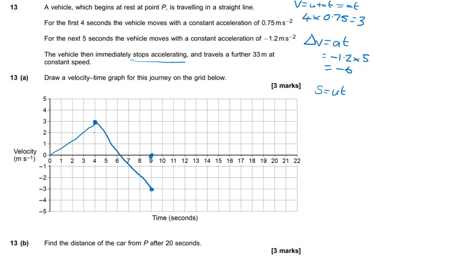And we rearrange this for time, distance over speed, 33 divided by the speed of 3. So that's 11. So it travels for another 11 seconds, in a straight line because it's not accelerating. So like that. Right. Find the distance of the car from P after 20 seconds.